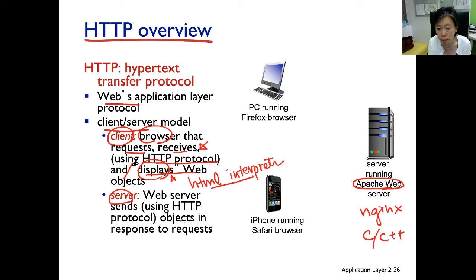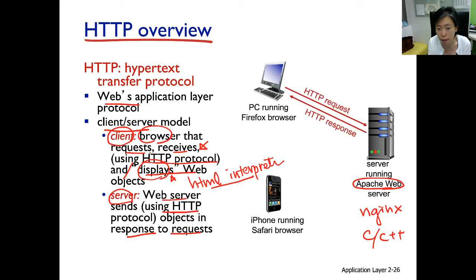The web server implements the server side of the HTTP protocol. What it does is receive requests and send back responses. That's the exact opposite of the client, which sends requests and receives objects. So let's see the exchange.